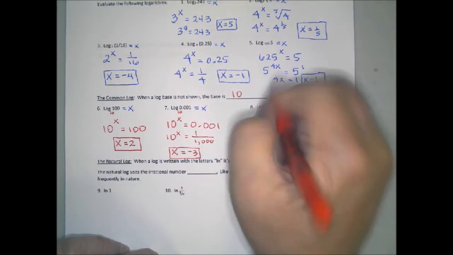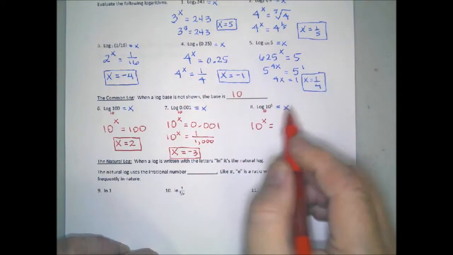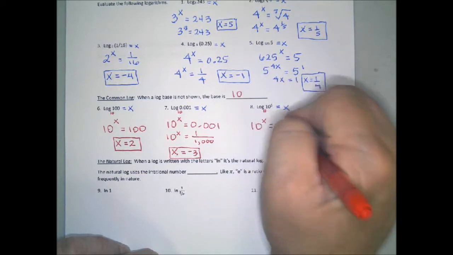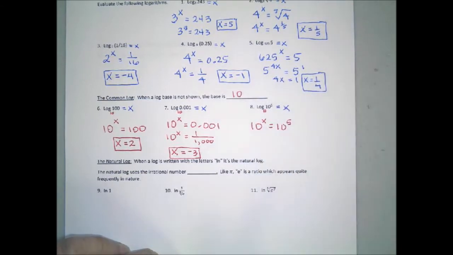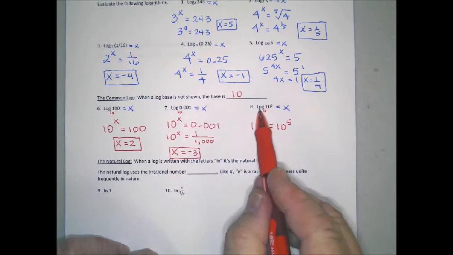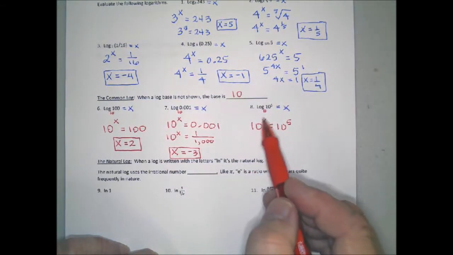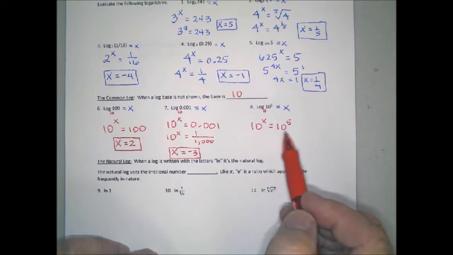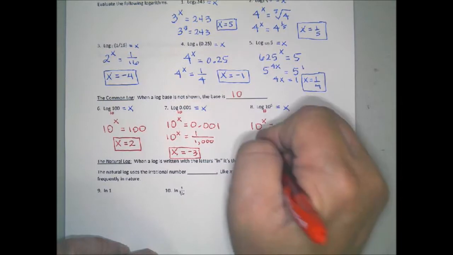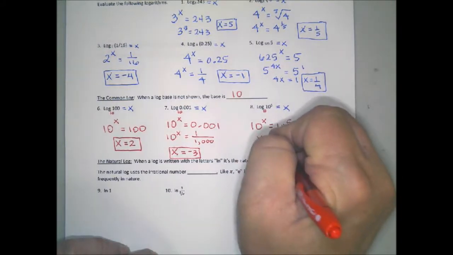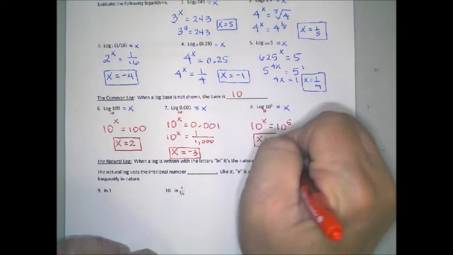This is going to bounce over here, and that's going to bounce over there. You've done this dozens of times by now, going out of log form and into exponential form. So if 10 raised to the x is equivalent to 10 raised to the fifth, then the value of x is 5.